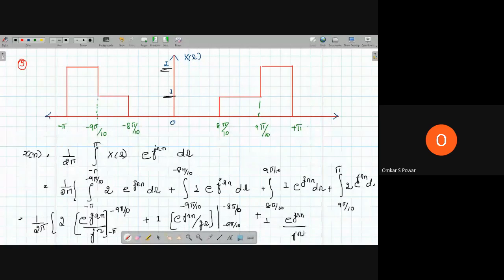Again, what's the limit? From 8 pi by 10 to 9 pi by 10. Then finally, 2 outside, e power j omega n divided by jn, limits 9 pi by 10 to pi. So this you have to solve.